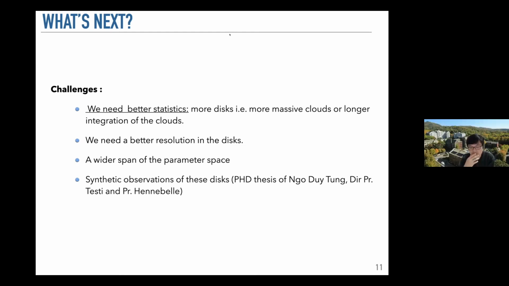Okay. Yeah, I was basically asking because some people say we should have at least 64 cells to resolve the Jeans length, right? Yes, it depends also probably on the temperatures, because if our disks are hot, they will fragment less easily, I think.